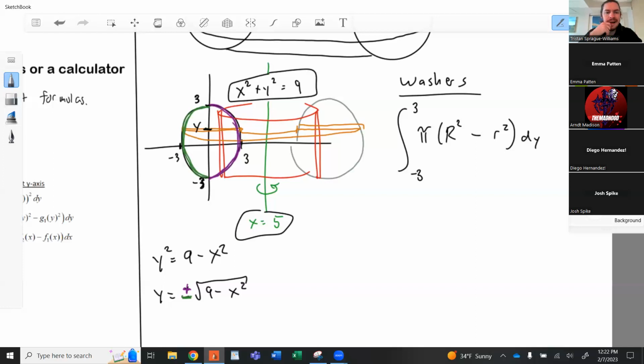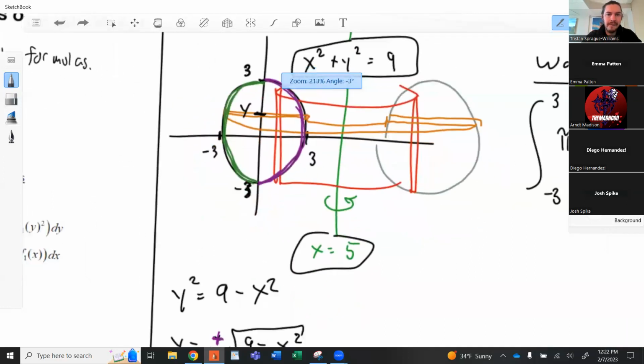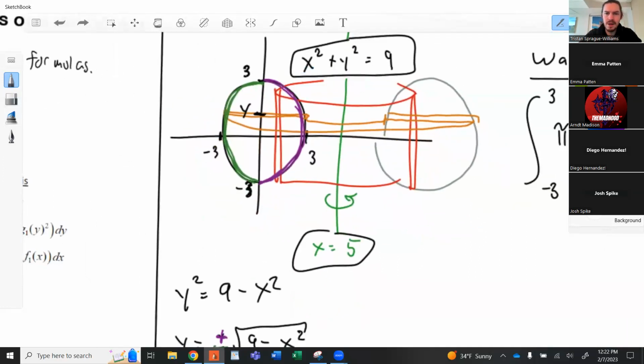Now, how are we going to do this with revolving about this axis x equals 5? It's a little bit tricky to see exactly how it works, but you can do some reasoning with this picture here.